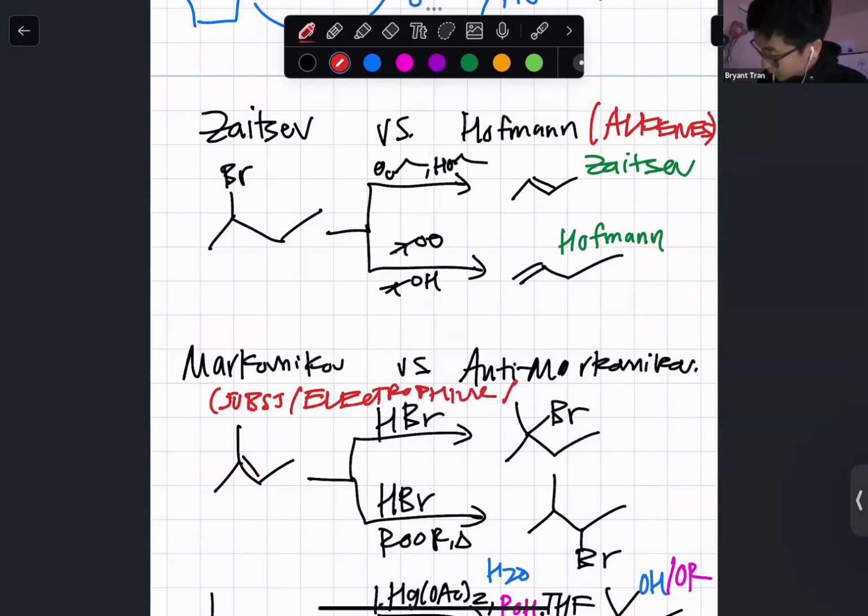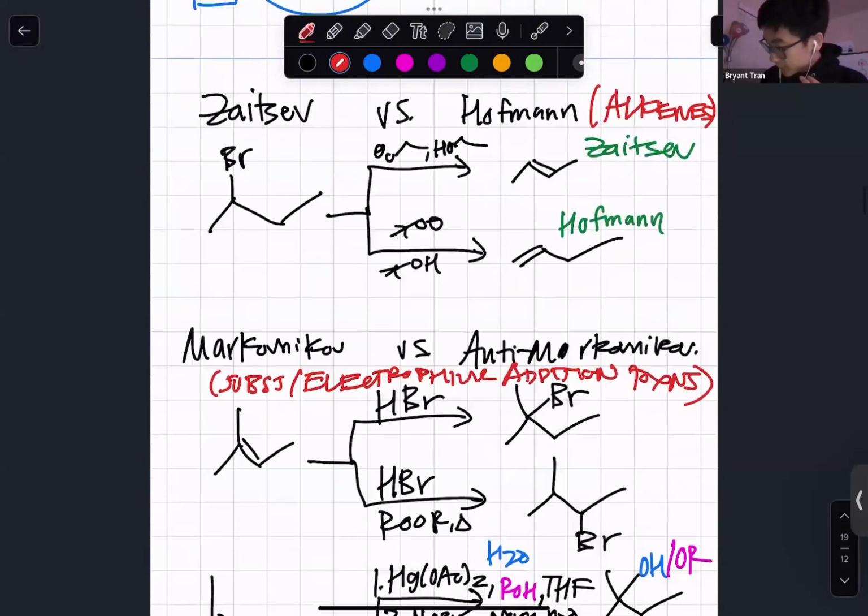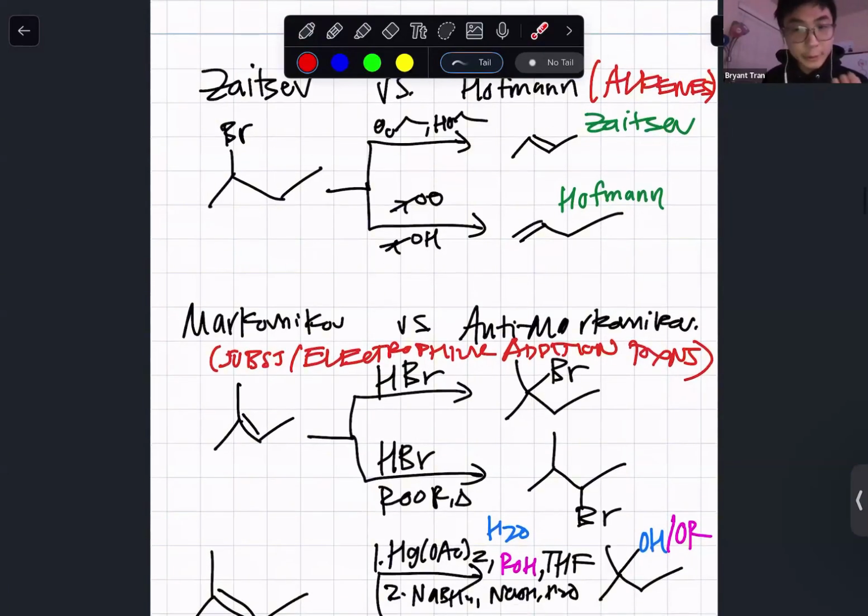So both would be regioselectivity though, because it's talking about the region where the alkene is or the substituent is. Stereoselectivity is like where they are in space, like syn addition, both on the same side, or anti-addition, where they're on the opposite side, right?